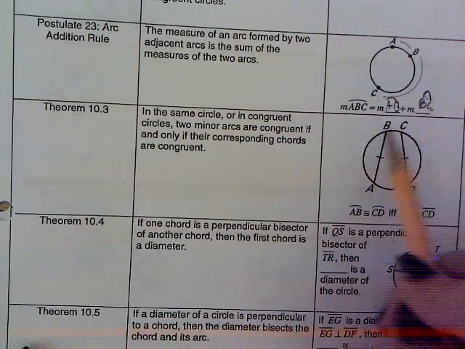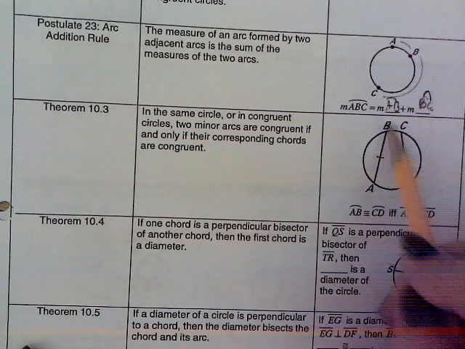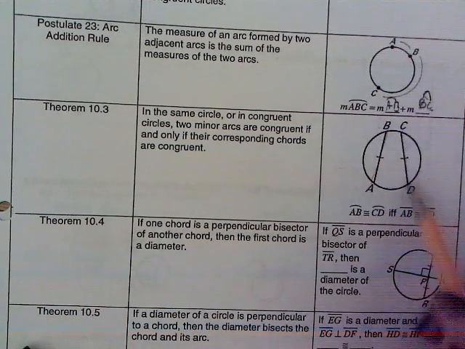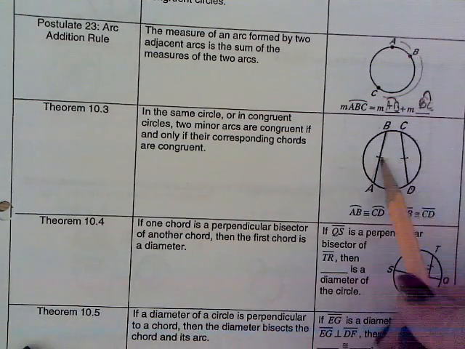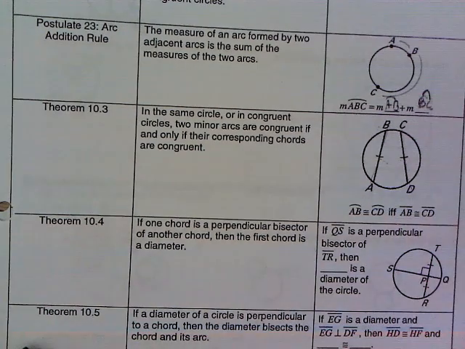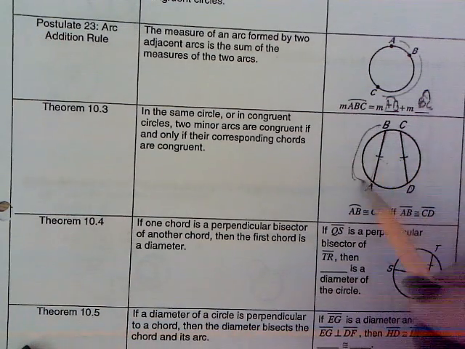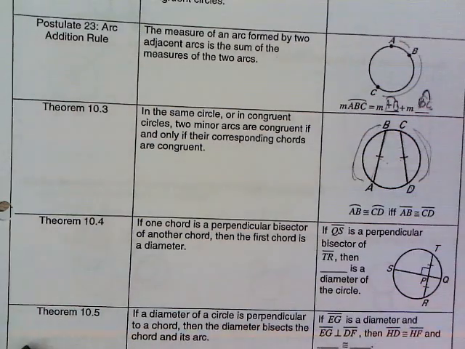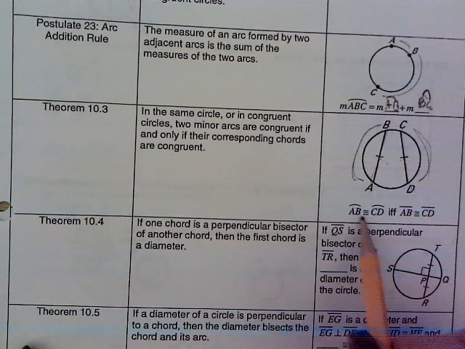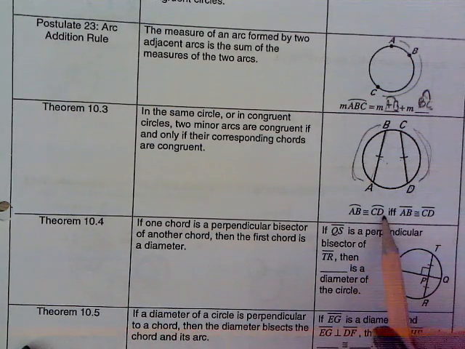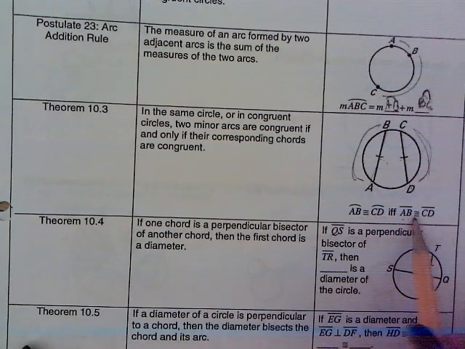So it's saying here that if this chord is congruent to this chord, and it tells you right here that they're congruent or they'd have the same measure listed by them, then the arc formed here and the arc formed here are congruent. So if AB is congruent to CD, if and only if arc AB is congruent to arc CD. So the 2 chords have to be congruent.